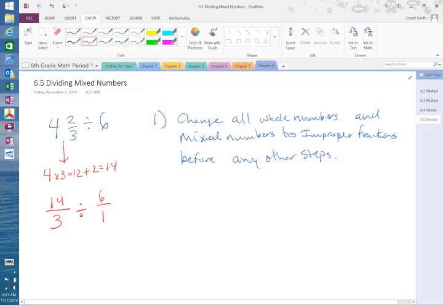So that's the step of changing everything to improper fractions. Now we move to the actual process of dividing fractions, which means we do this. 14 over 3 stays the same. We change the division to multiplication, and we do the reciprocal of the divisor, which means 1 over 6.